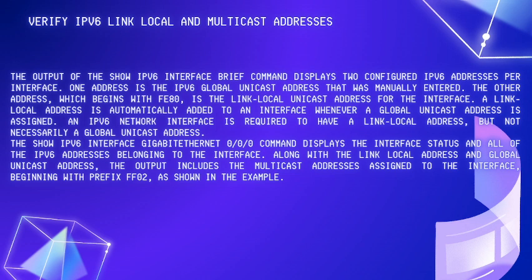A link-local address is automatically added to an interface whenever a global unicast address is assigned, and an IPv6 network interface is required to have a link-local address but not necessarily a global unicast address. The show ipv6 interface gigabitethernet 0/0/0 command displays the interface status and all of the IPv6 addresses belonging to the interface, along with the link-local address and global unicast address. The output includes the multicast addresses assigned to the interface, beginning with prefix FF02, as shown in the example.